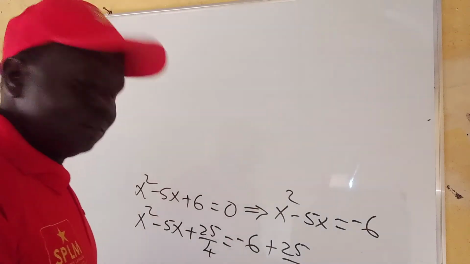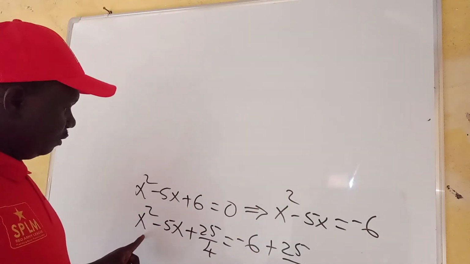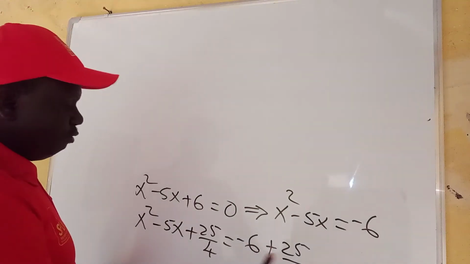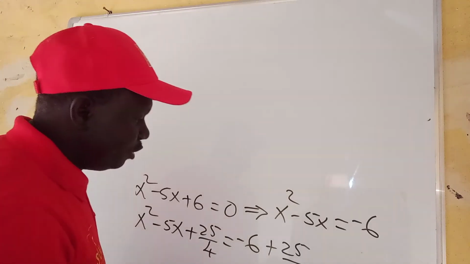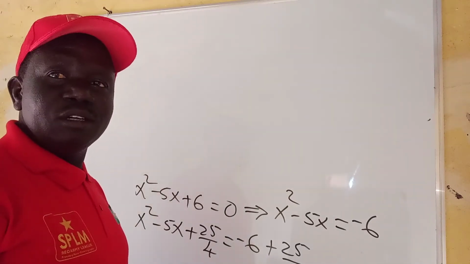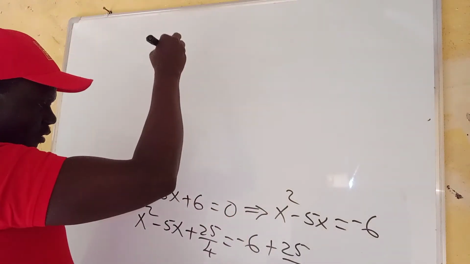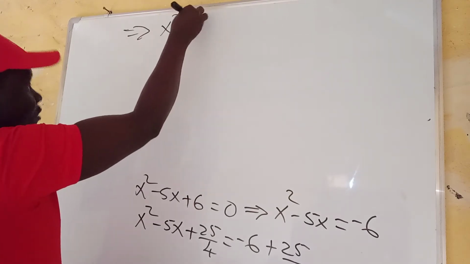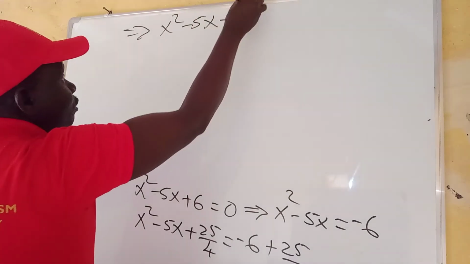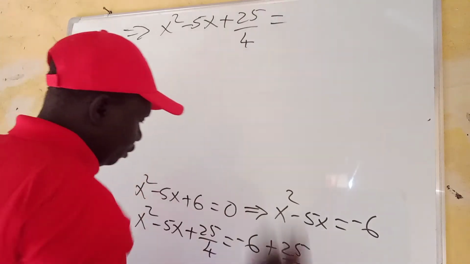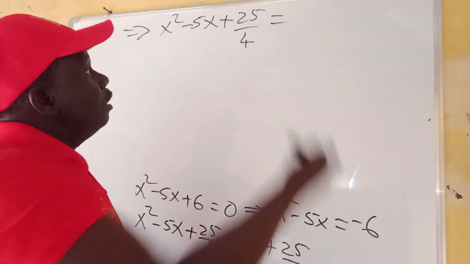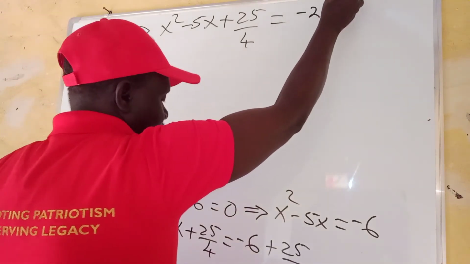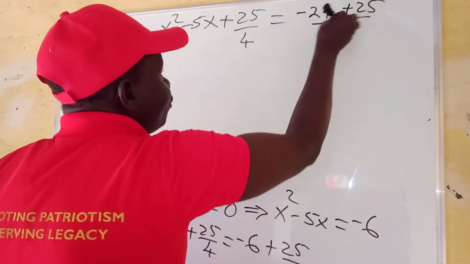The next thing we do is finish the right hand side. -6 plus 25 divided by 4, you get that x squared minus 5x plus 25 divided by 4 is equal to -24 plus 25 divided by 4.